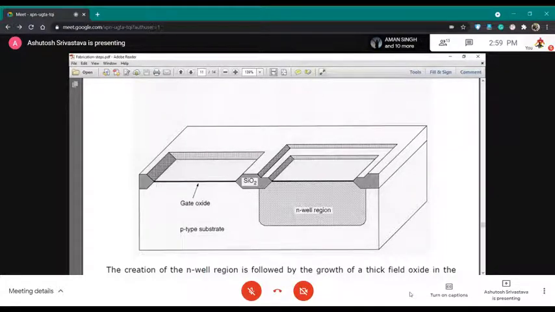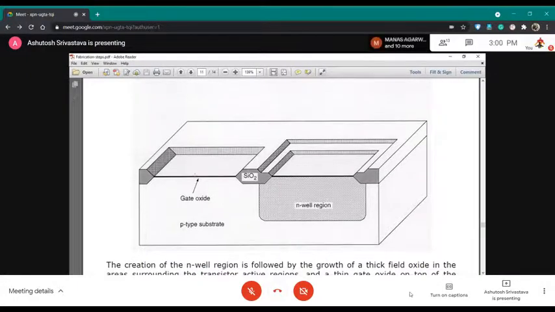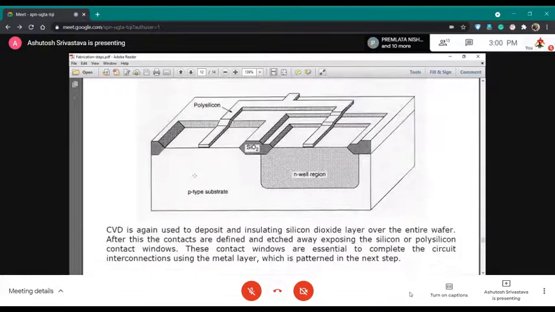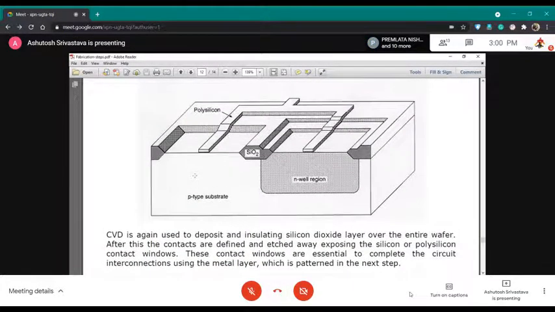So this region would ultimately lead to your N MOSFET transistor, while this region in which you are having N well would lead to formation of your P MOSFET transistor, which are isolated by a thick silicon dioxide layer. In both the cases, you would have the gate oxide. So let's go to the procedure here. Yeah. So what you are actually seeing is this thing.